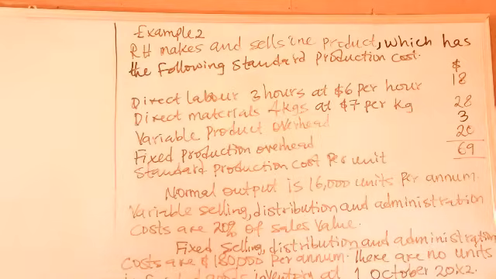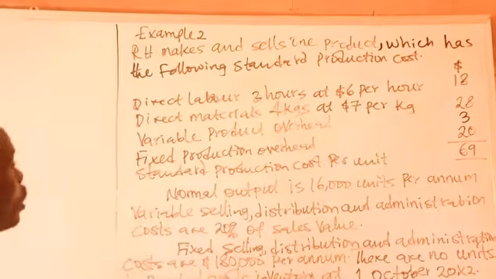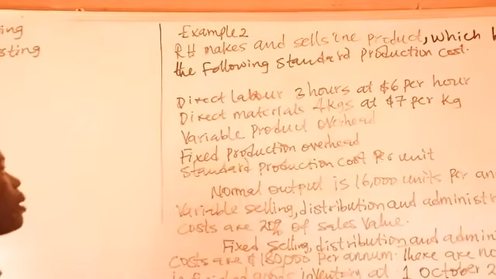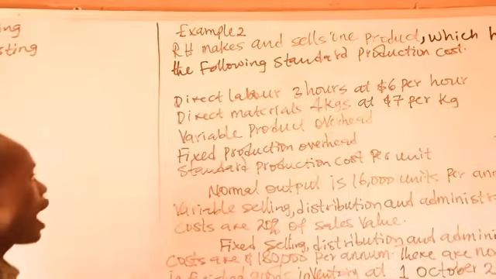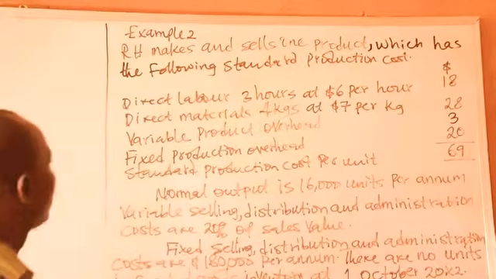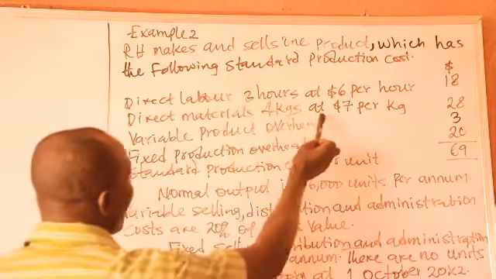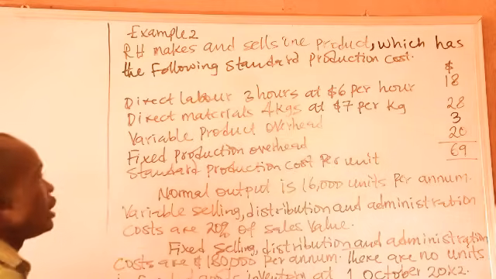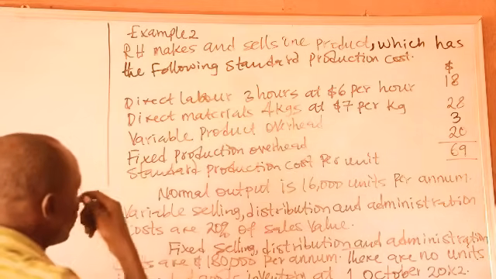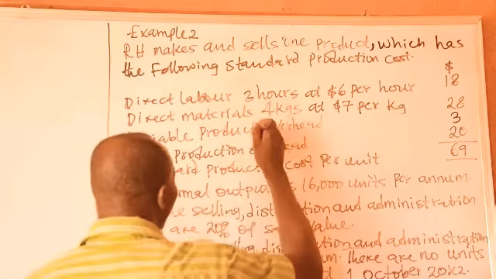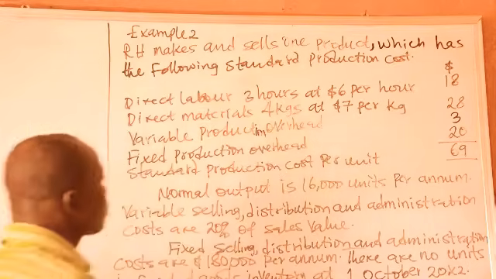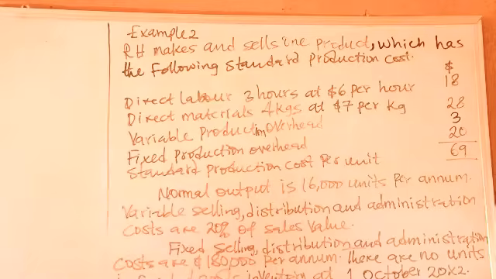RH makes and sells one product which has the following standard production cost. Direct labor, 3 hours at $6 per hour. Direct materials, 4 kg at $7 per kg. Variable production overhead, $3.